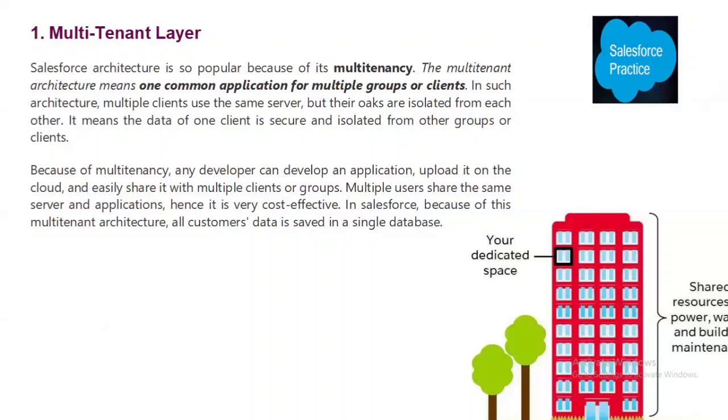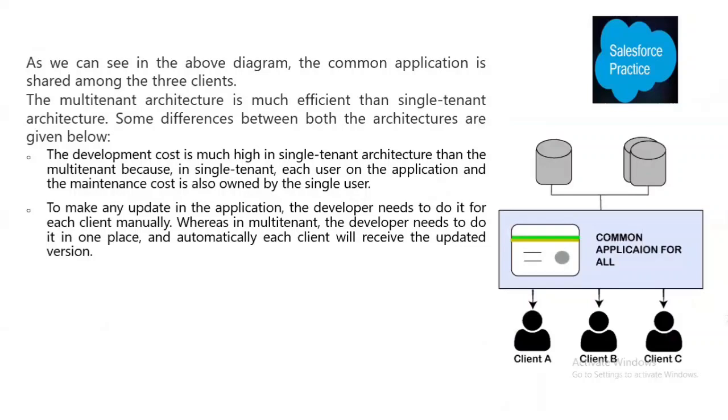I hope multi-tenancy is clear. One common application is stored somewhere on the cloud and multiple clients are using that. As we can see in this diagram, the common application is shared among the three clients. Multi-tenant architecture is much more efficient than single tenant architecture. Some differences between both architectures are given here.